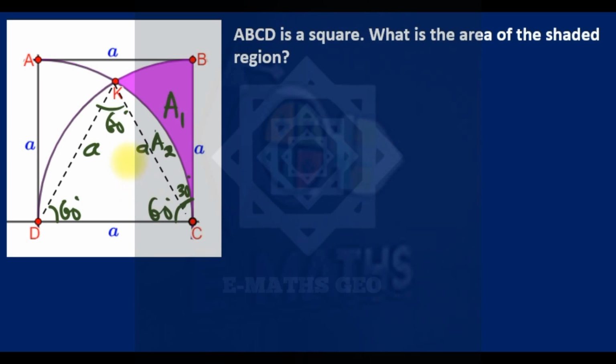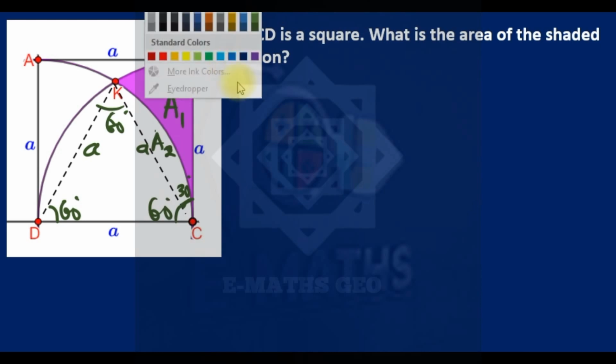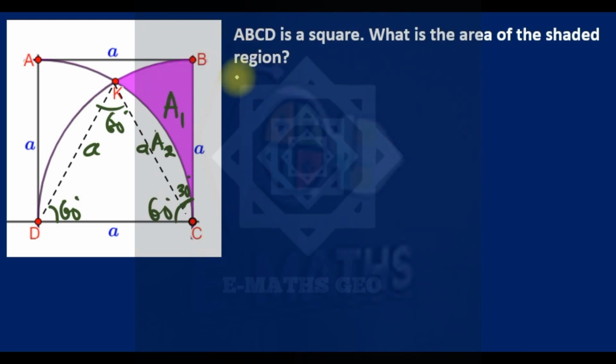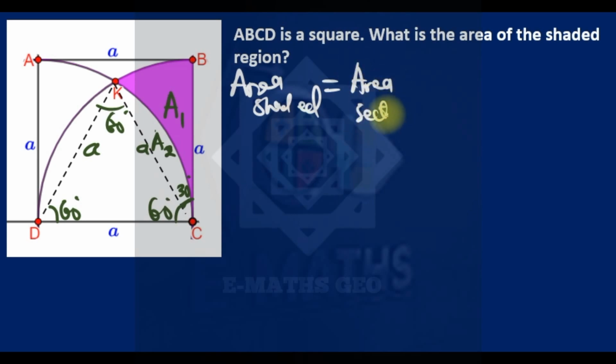So that's it. So from here we can see that the area shaded is equal to the area of sector CBK minus A2. Yes, once you subtract A2 from A1, that's where it is.